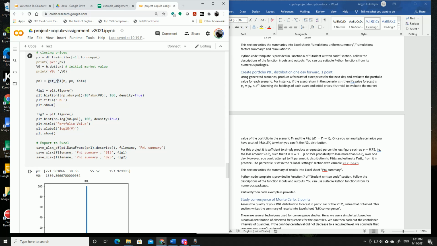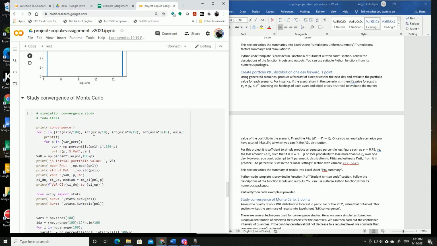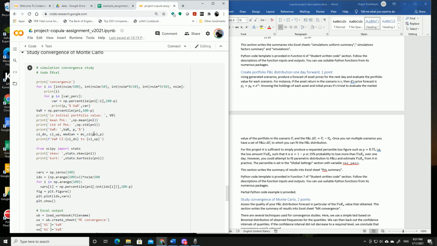Now, where is the value at risk? Am I calculating it here? Probably not, I'm calculating it somewhere lower. It's a percentile, so once you have P&L, all you need to do is get a percentile to calculate VaR. I'm calculating VaR for you. It's too easy, right? So we got that, but we don't know how good this number is.